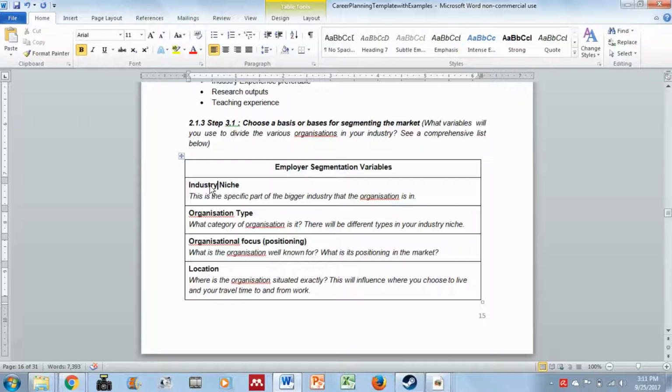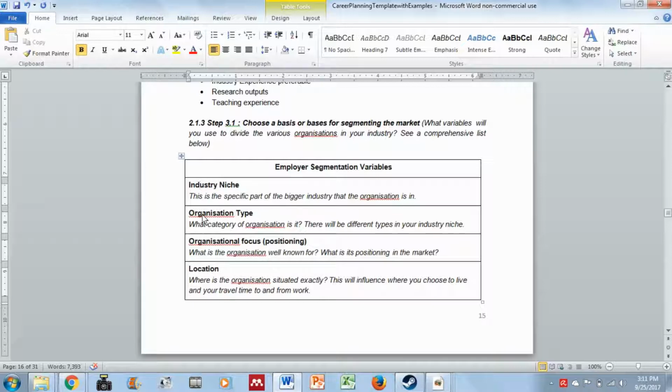They include things like demographics, psychographics, benefit, geographic, and so on, behavioral. But for organizations, for non-products, you need different variables, and this is what they are.